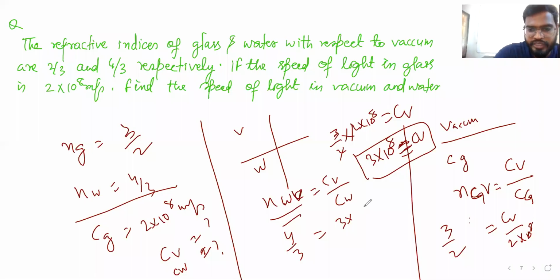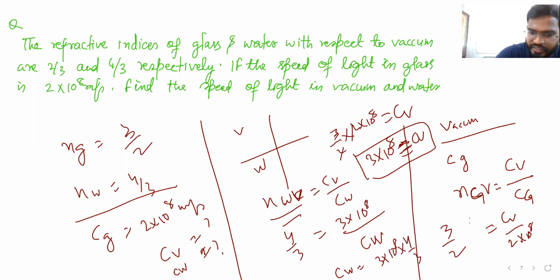So it is 3 into 10 to the power of 8 meter per second by C_w, right? So we can take C_w this side, and 3 into 10 to the power of 8 meter per second, 4 by 3 will come this side. Wait, it is 4 by 3, so here it is going to be 3 by 4.